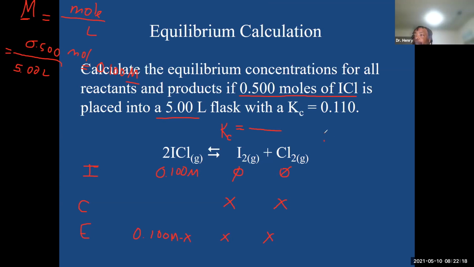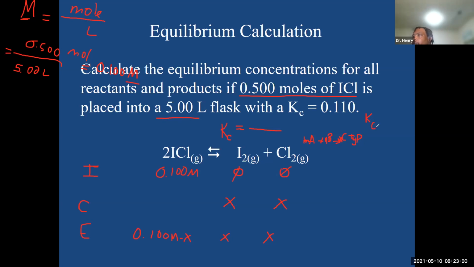Well, generically, if we had A plus B yield C plus D, we would have Kc equals, and let's say mA plus nB yields xC and yD.